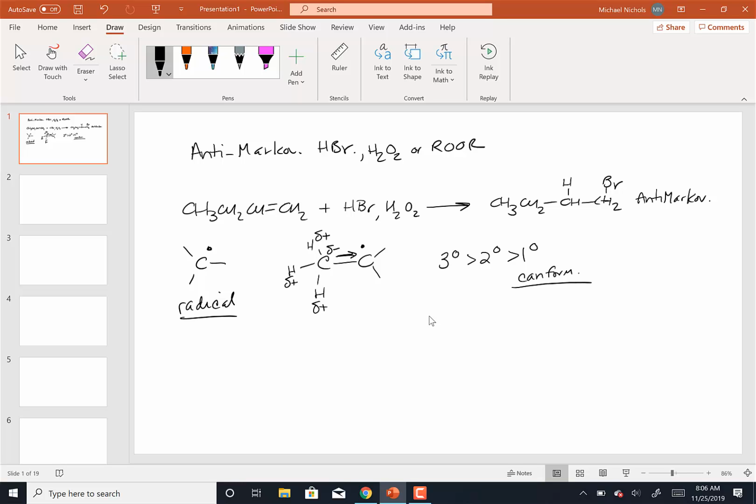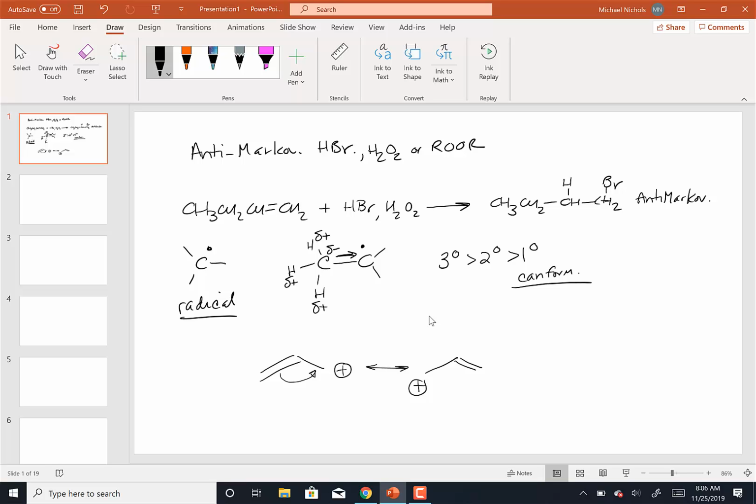And all of the other radicals, for instance, we talked about if you had a carbocation next to a double bond, that even though this was a primary carbocation, it would be stable because it has resonance structures. By me taking both of the electrons here and moving them over, I can write that resonance structure.